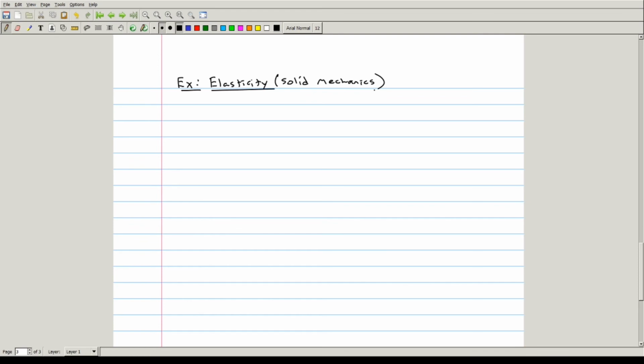With solid mechanics, I'm not even going to write down the general partial differential equations that govern the displacement of elastic motion, because they're a lot more complicated than the rules for electromagnetism. But even in elasticity or solid mechanics, we end up having constitutive laws and relationships that we have to write down.